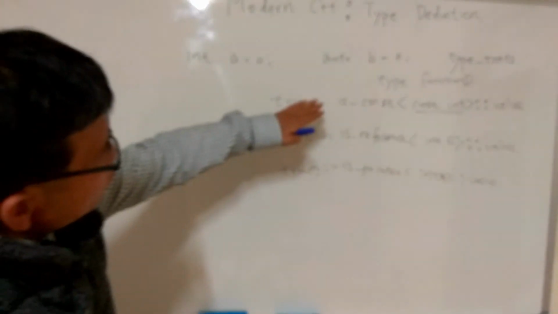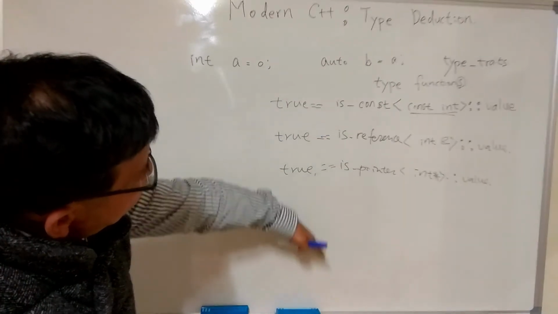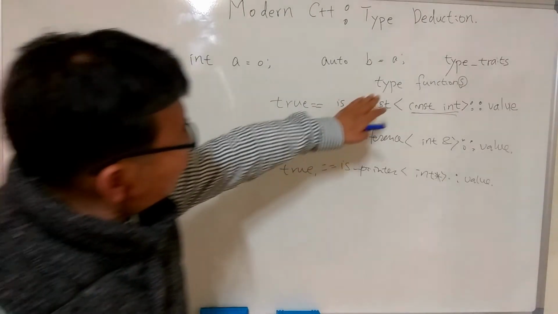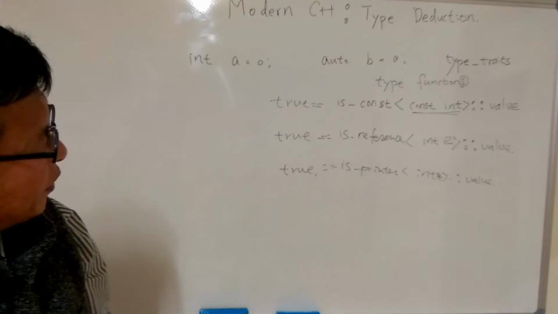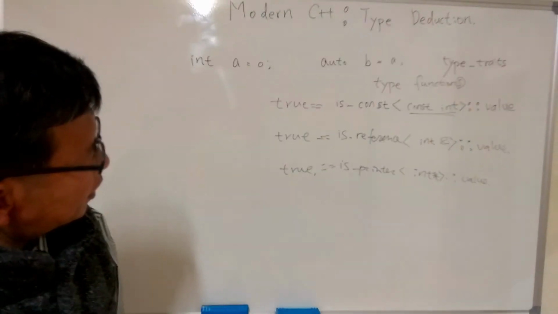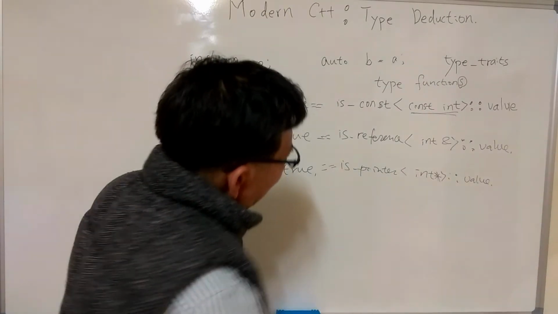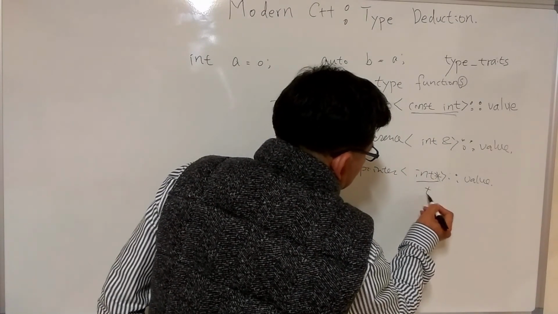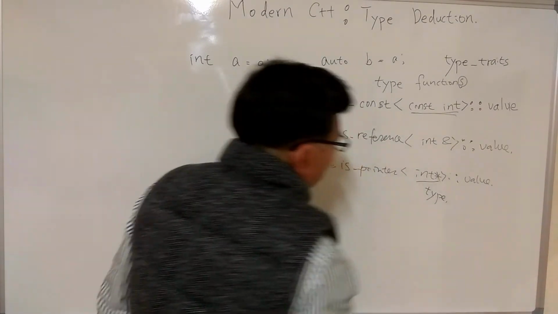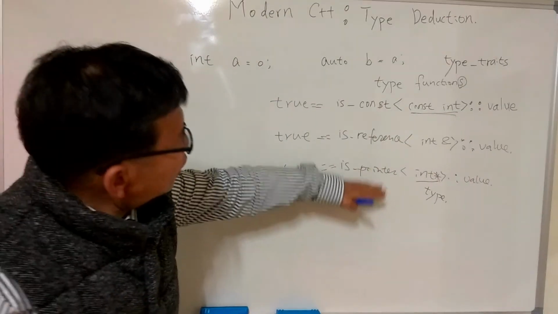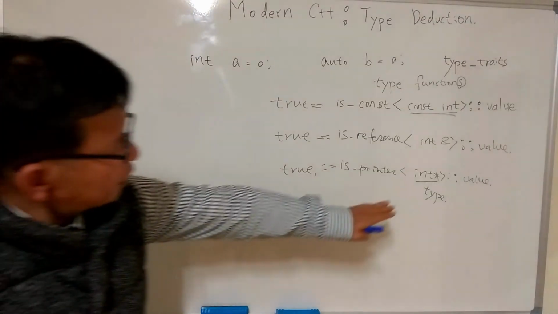So there are a number of type functions, and if we provide a type here, we can get information about the type.